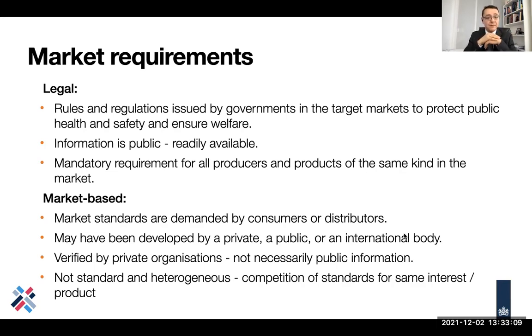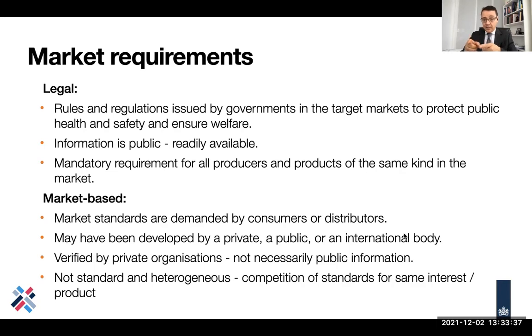All of them are verified by private organizations. These are not verified by your country authority. So if you sell organic products to Germany, the customs office in Germany is not going to verify whether you have a complying organic standard certification. They couldn't care less. Their problem is the SPS, the sanitary and phytosanitary certification.